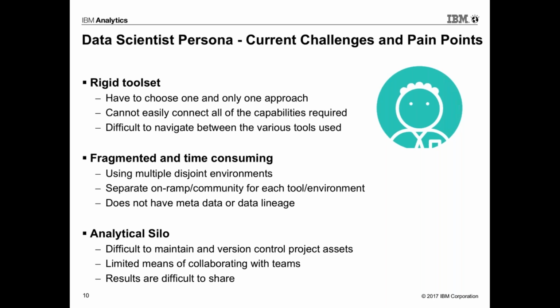There is no metadata or data lineage. Let's say you start building one particular code, and you're doing a sum function, and then using that sum function you want to perform a linear regression or something else, then there's no data lineage to it. So that's another challenge.